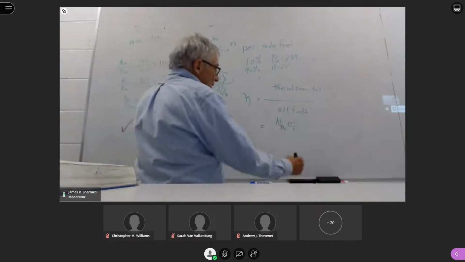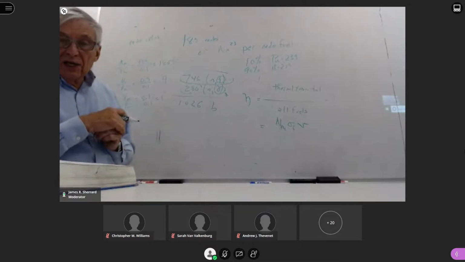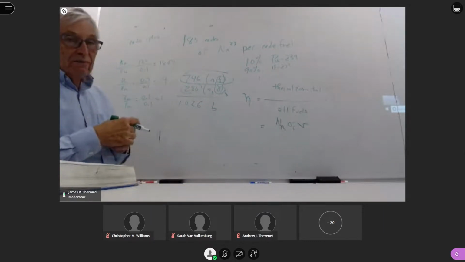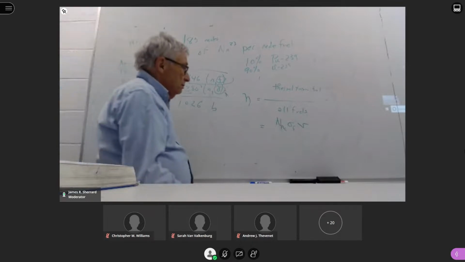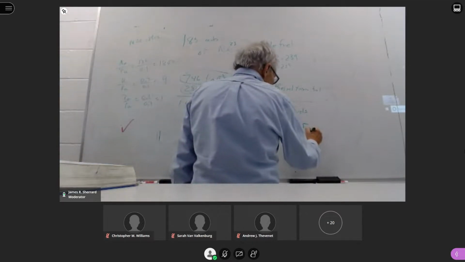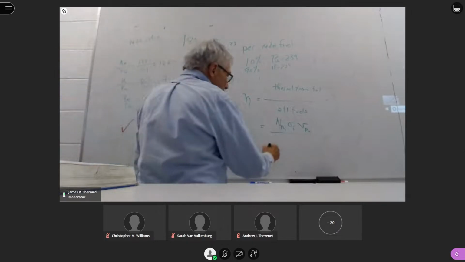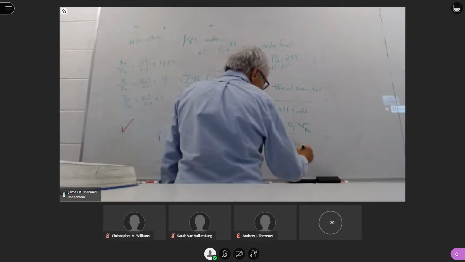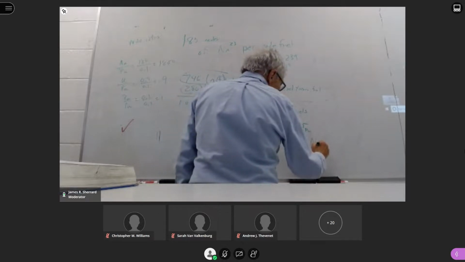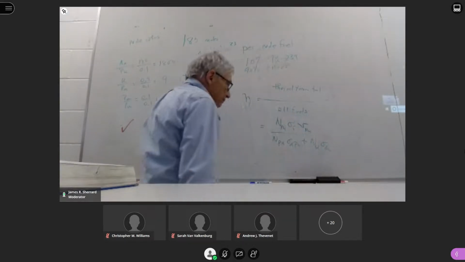746, times nu, which is a multiplier that you find in that table in chapter 4 that tells you, on the average, the number of new neutrons created per thermal fission. And then you're going to divide it by what's happening with all your fuel, which is going to be N U, sigma A U, plus N uranium, sigma A uranium.